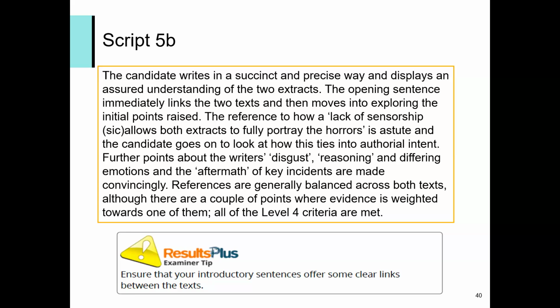The reference to how a lack of censorship allows both extracts to fully portray the horrors is astute, and the candidate goes on to look at how this ties into authorial intent.